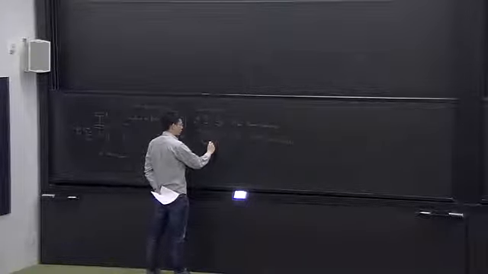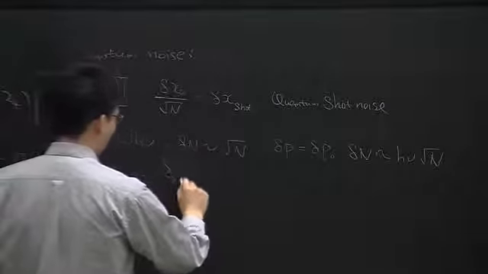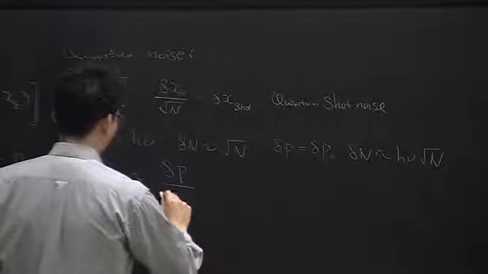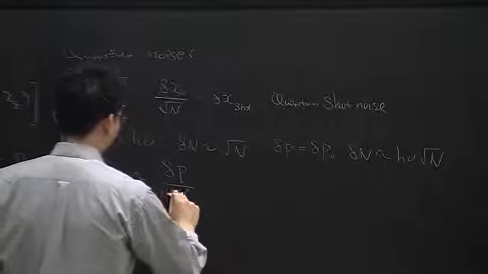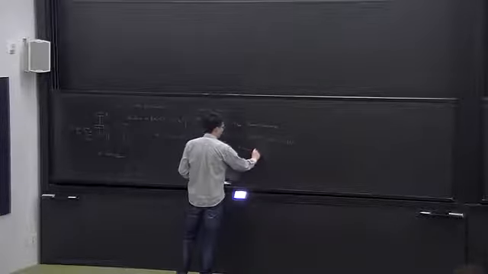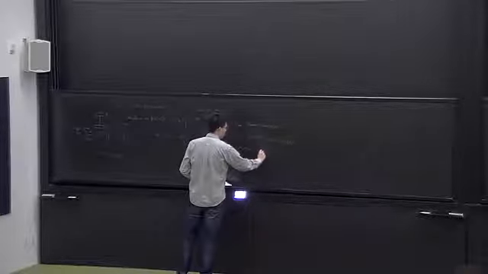So this is basically delta p divided by m omega squared. So it's in the frequency domain. So basically you have two pieces: this piece is called quantum shot noise, and this piece, because you have a radiation pressure of the laser, is called quantum radiation pressure noise.